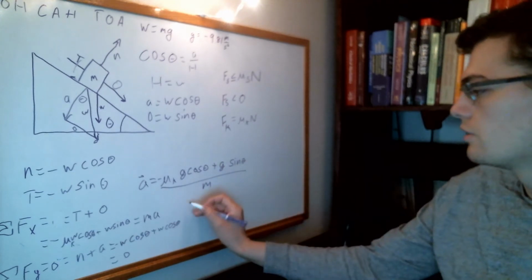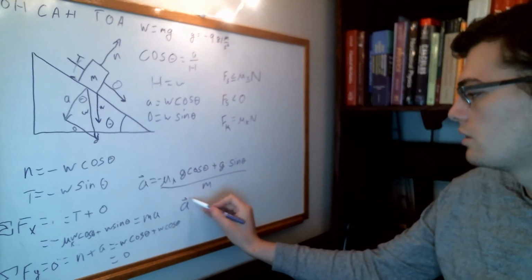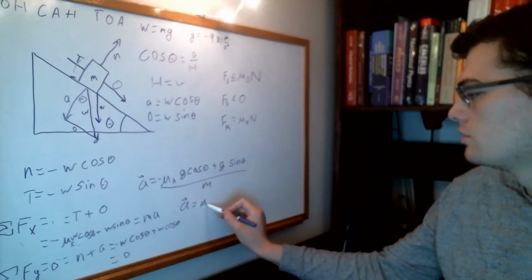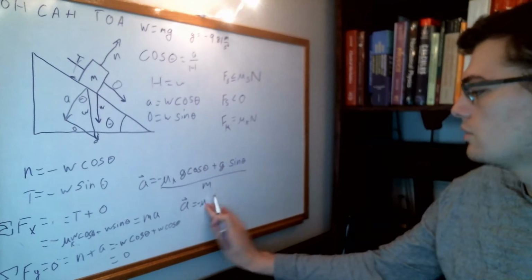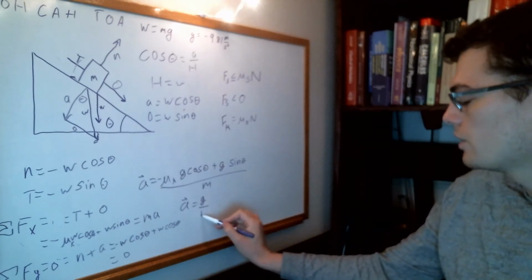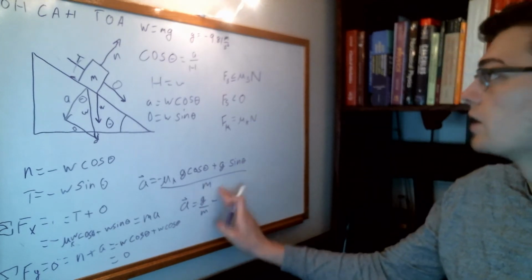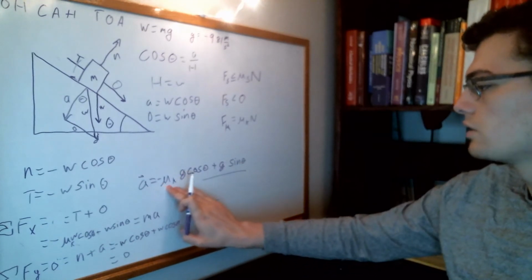And so then this will now look like a is equal to, actually, we've got to take this out. Okay, g over m, oh, the m cancels. What am I saying?